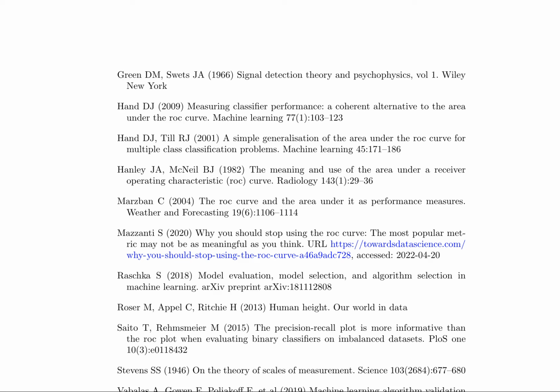However, the authors also highlight criticisms of the AUROC curve, citing Mazzanti, 2020, and Saito and Rehmsmeier, 2015, who argue that the AUROC curve may not be as meaningful as commonly thought, especially when dealing with imbalanced datasets. The review further references Raschka, 2018, for a comprehensive overview of model evaluation, selection, and algorithm selection in machine learning.